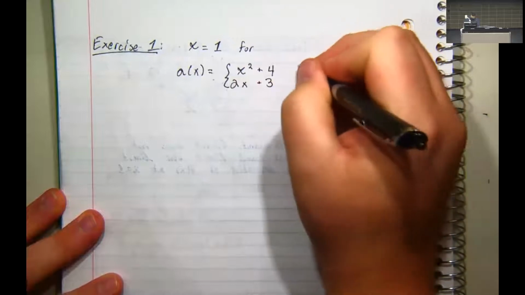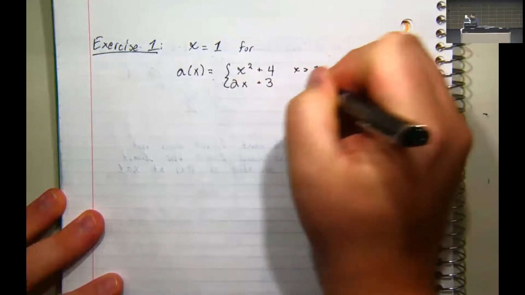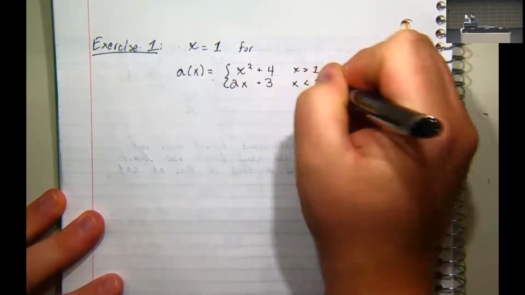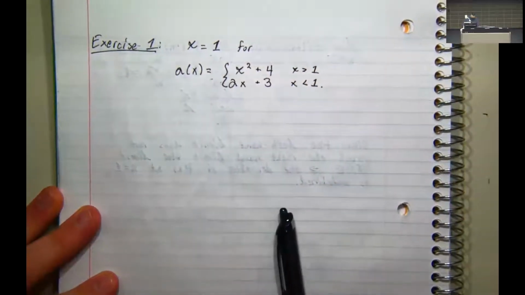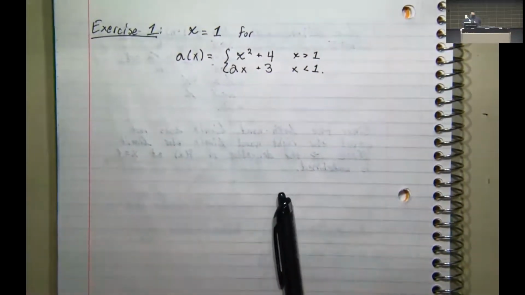This is when x is greater than 1, and this is when x is less than 1. So go ahead and start that and talk amongst yourselves. If you have any questions, throw your hand up. I'm going to draw the graph, and then I'll come around and answer any questions, and then we'll go through it together.